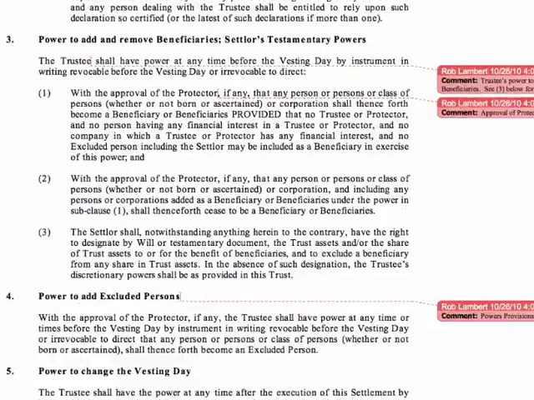Power to add and remove beneficiaries, settlor's testamentary powers. Well, paragraph 3 is very traditional. It's the trustee's power to change or add or remove beneficiaries. The trustee, now this is important, will normally not do anything without the input and advice or direction of the settlor.